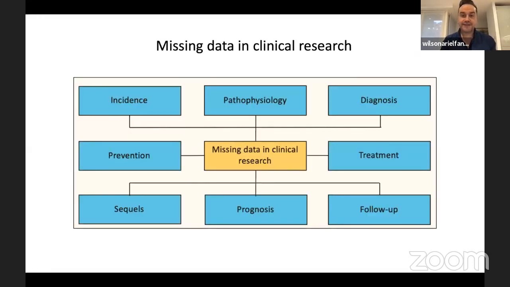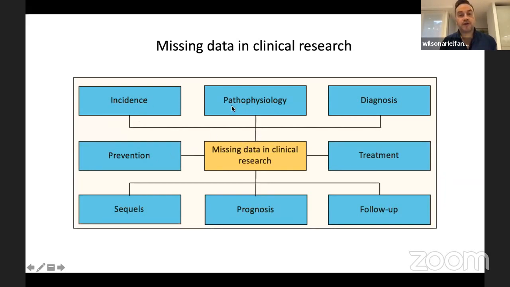Okay. So based on this analogy, we could say that the missing data in clinical research has some sort of prevention strategies. There's incidence, which I already spoke about.